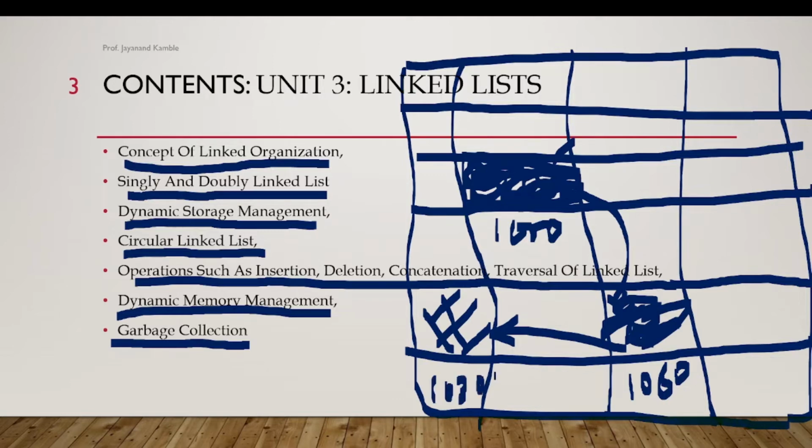That means one data element from that list is stored at location 1000, another is at 1060, another is at 1030. They are physically far apart from each other, but they are linked, as the address of the next is stored in the previous data element. Is this clear? That's why this is nothing but linked allocation.